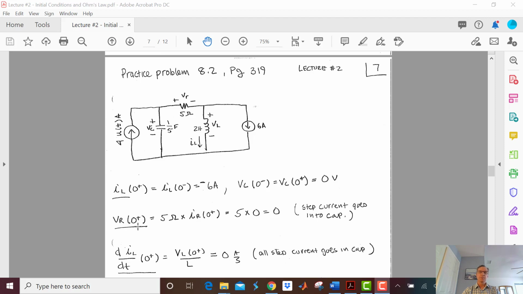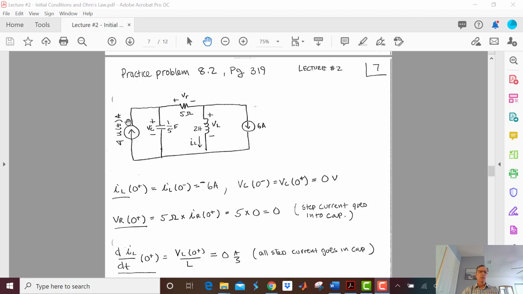V_R at 0 plus is going to be, well, let's look at this. What's the voltage across this resistor at 0 plus? In order to get that, we've got to figure out what happens when this turns on. I'm going to go to the rules, and I'm going to say that you can't change the capacitor voltage instantaneously. It's one of our rules. But then another of our rules that's going to give us some comfort here is that you can change the capacitor current quickly. Yeah, I know you woke up.